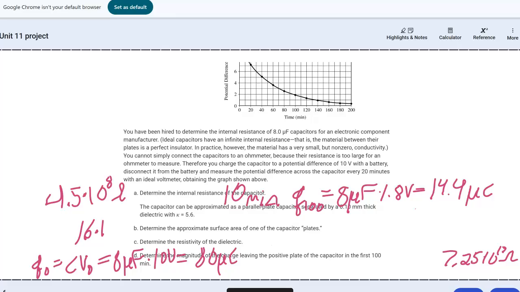And then we're seeing the magnitude leaving, so it would be 80 minus 14.4, and that's gonna be 65.6 microcoulombs. That's our answer.